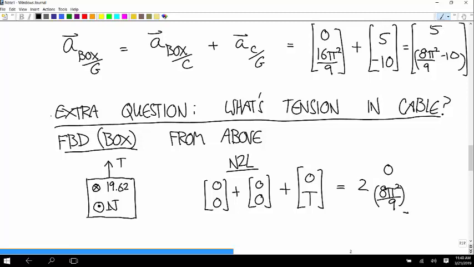Why is it 0, 0 instead of like 0, -9? Because our coordinate system has the z-axis like that, the x-axis like that, and the y-axis like that. Okay, and so that means that if we were doing this as a three-dimensional problem, our weight force would have a z component of negative 19.62.